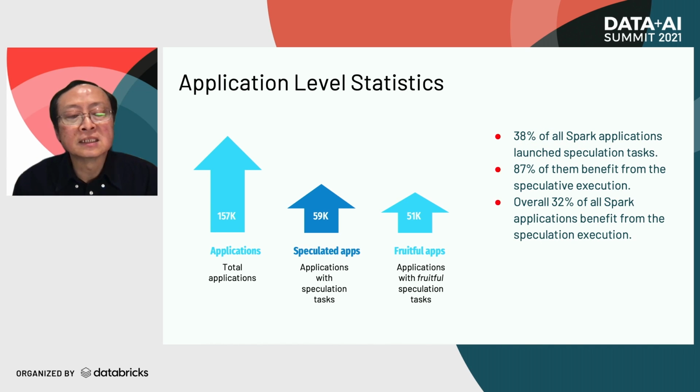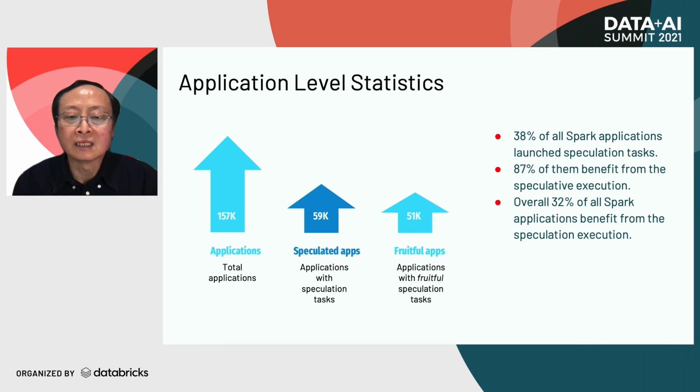Let's look at the statistics at the application level. In 1 week, we had a total of 157 Spark applications, and 38% of all the Spark applications launched a speculation task, and 87% of them benefited from the speculative execution.